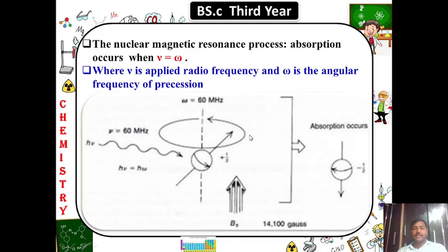At that time, the tiny bar magnet precesses in the applied magnetic field, and absorption occurs from plus half to minus half.